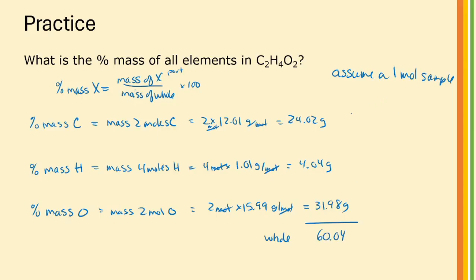And so finally, I can say my percent mass carbon equals 24.02 over 60.04 times 100. And that gets me 40.00, actually 40.01. Percent mass hydrogen is 4.04 over 60.04 times 100.